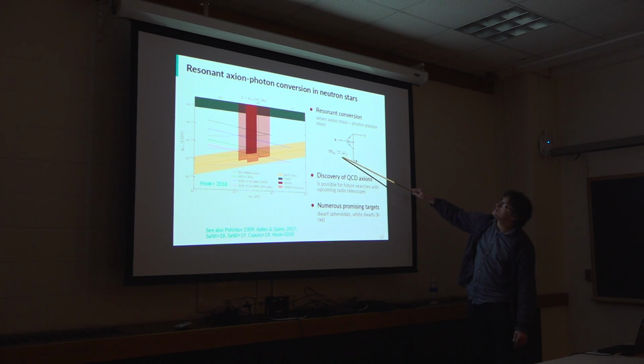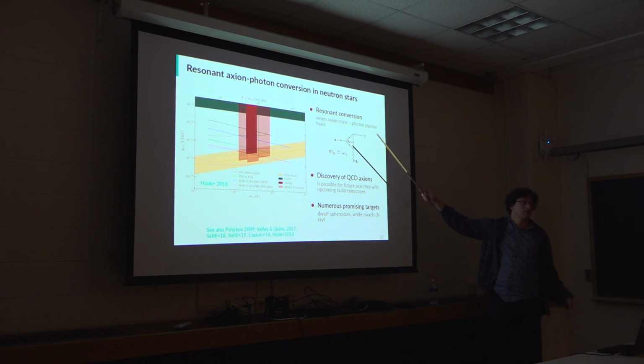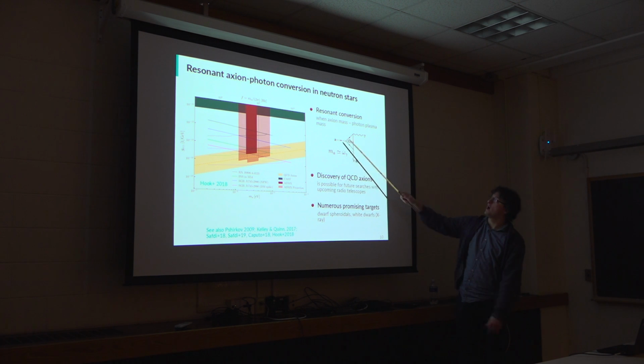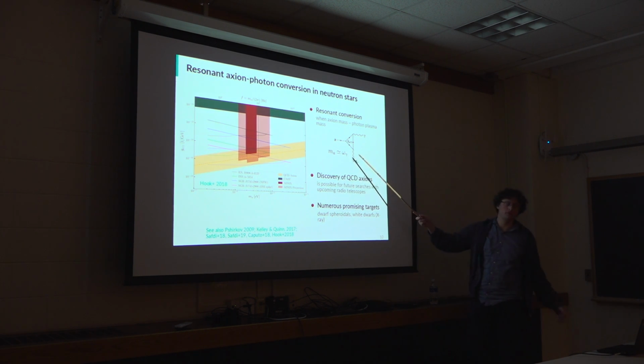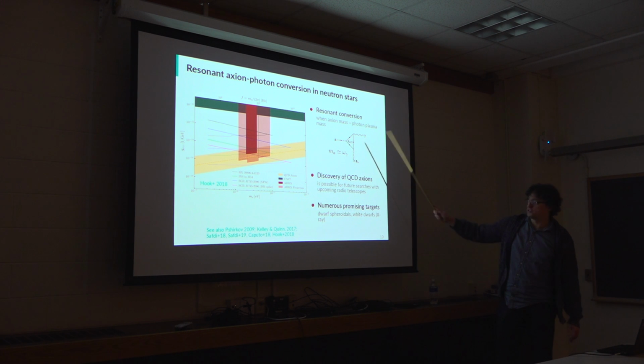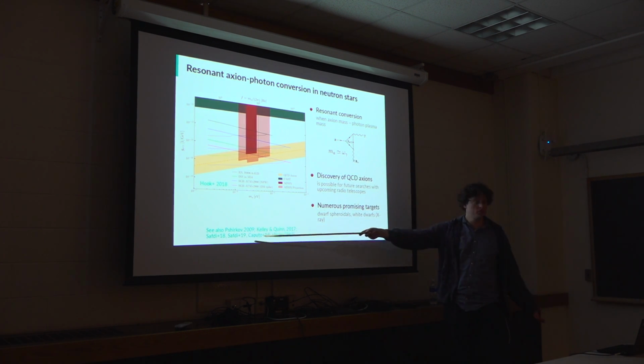In these regions, if you calculate the probability of this conversion process, that process is resonantly enhanced. One way to do this is to use the WKB approximation. You get a resonant enhancement of this conversion if there are regions where the frequency of the photon mass and the axion mass match over a larger region. Good, so this was proposed as a mechanism to produce axion photon lines.